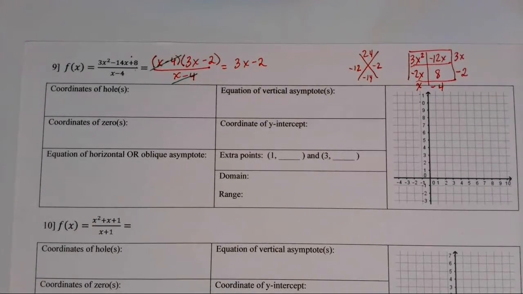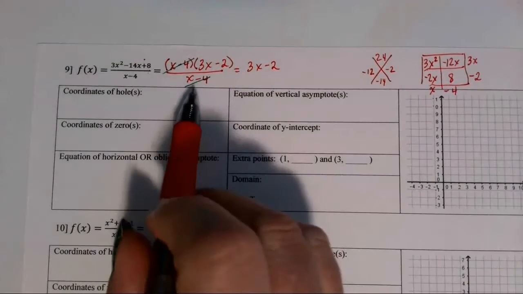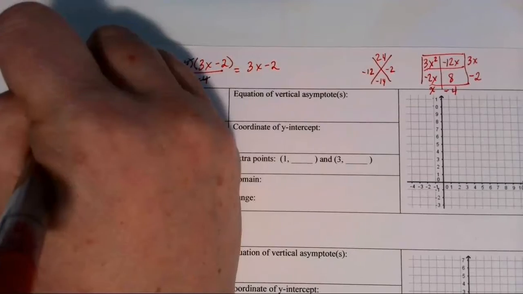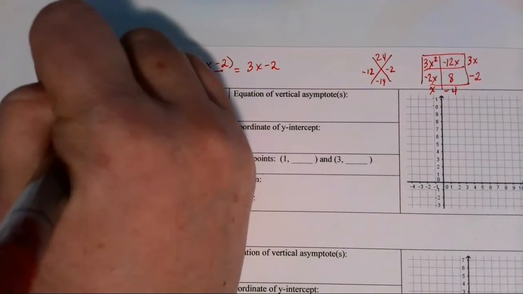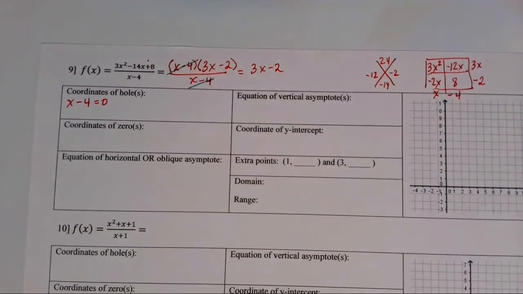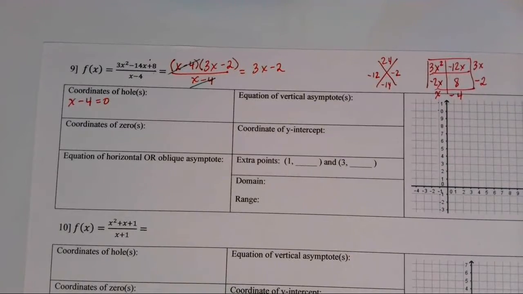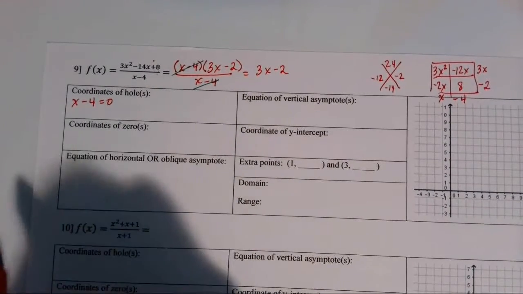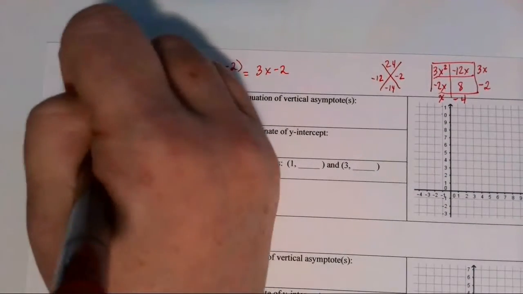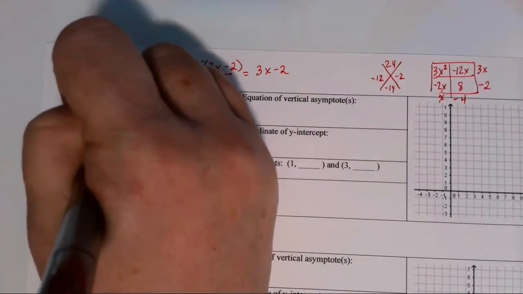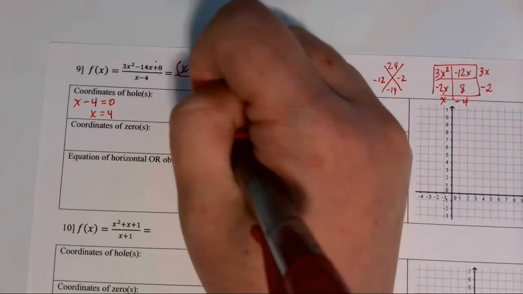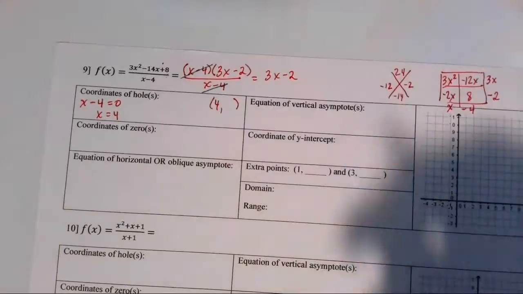Okay, so that canceled factor of x minus 4 will create a hole in the graph, and we'll find the coordinate of that hole by putting that canceled factor equal to 0 and then adding 4 to both sides. We get x equals 4 as the x coordinate of our hole.